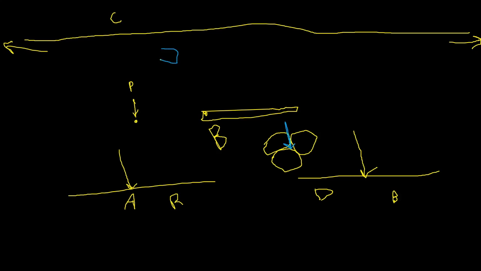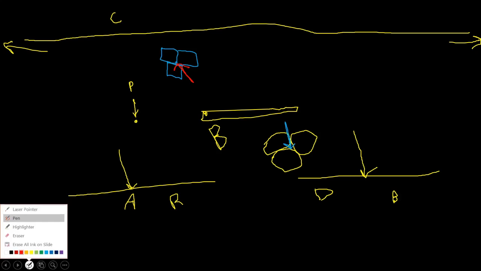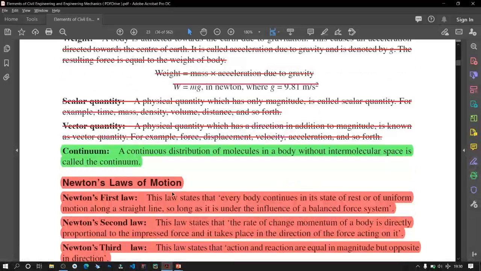It's an imaginary thing, but when molecules are attached, there is no intermolecular space between them. So that is the main difference. Just remember the definition. It's not going to ask a question on it in the exam, just the definition.